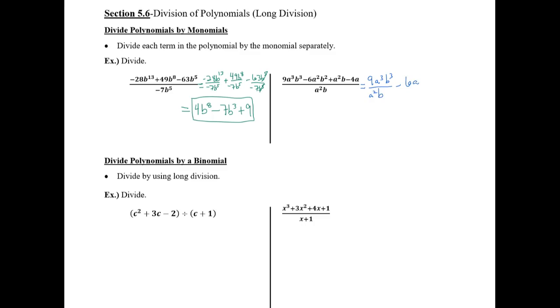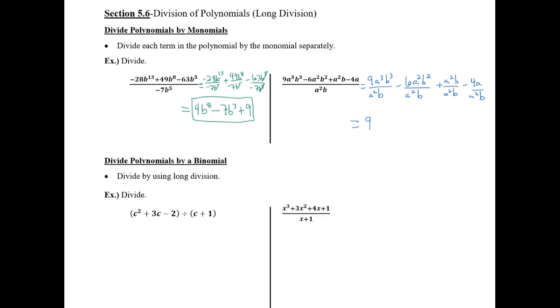So I'm just expanding this out, showing every single term has to be divided by a squared b. Okay. So, looking at this, the a squared b in the denominator does not have a coefficient. It's 1. And anything divided by 1 is itself. So 9 divided by 1 is 9.